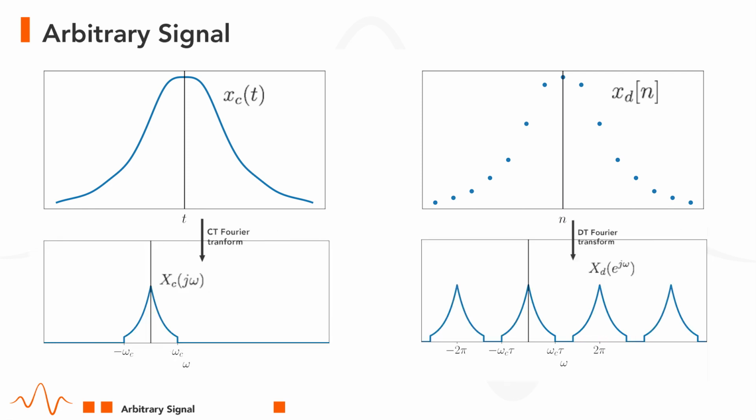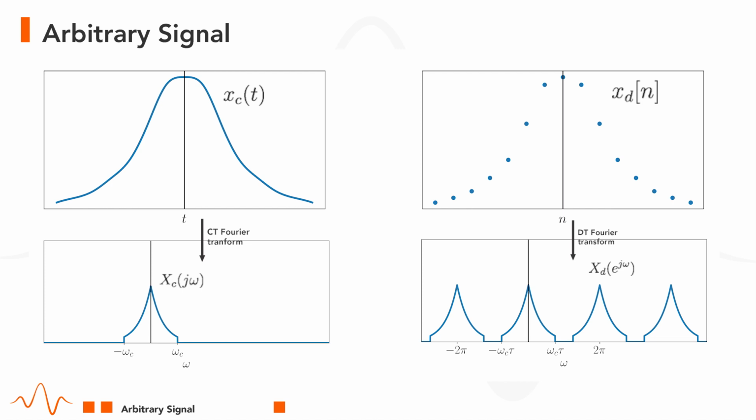If we take the Fourier transform of xc, and let us say for simplicity that this continuous time Fourier transform is 0 outside of a given bounded interval, the discrete time Fourier transform of the sampled signal xd of n will be a periodic replication of a scaled version of the continuous time Fourier transform of the original continuous time signal. The scaling factor is the sampling period tau.